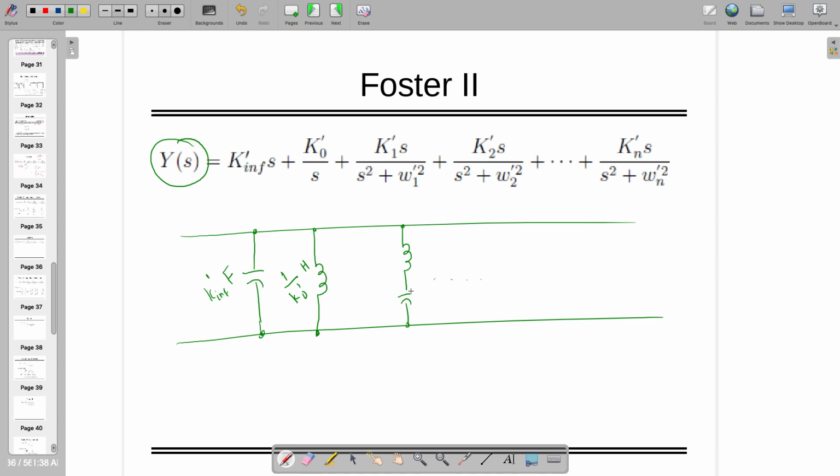What about inductor and capacitor? So you can see this.